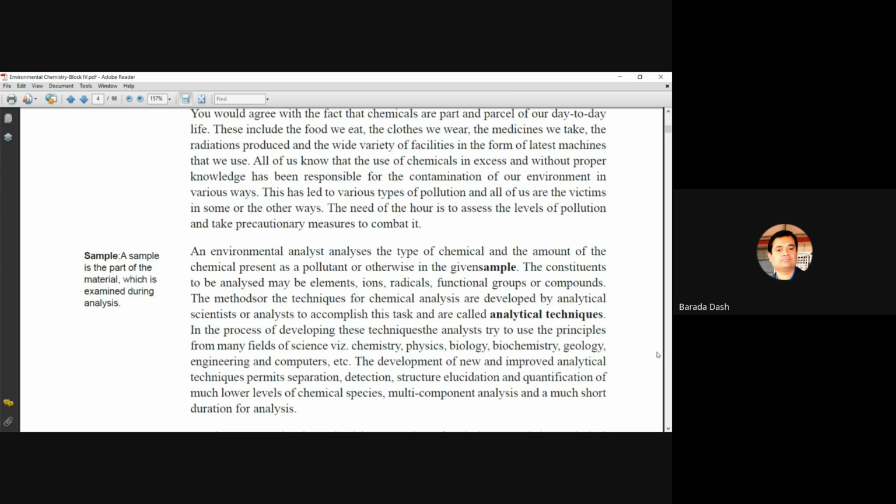The constituents to be analyzed may be elements, ions, radicals, functional groups of a compound. So we can analyze elements, like carbon, hydrogen, sulfur, or mercury, whatever element is there. Ions, whether it is a cation or anion, or free radical, or a functional group like a hydroxyl group or an amino group, or any kind of functional group.